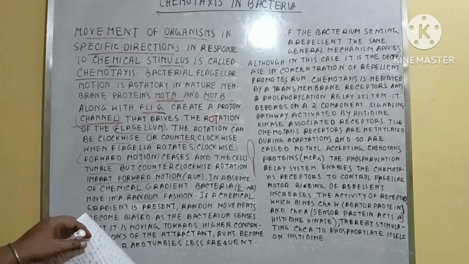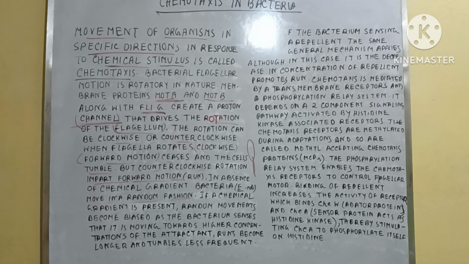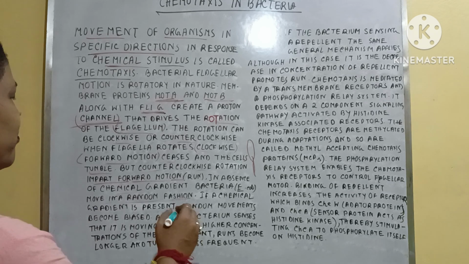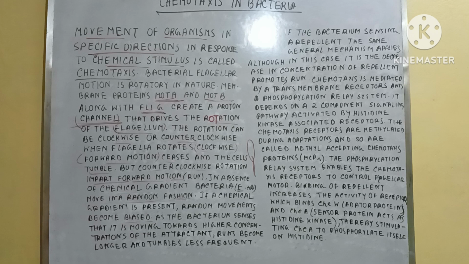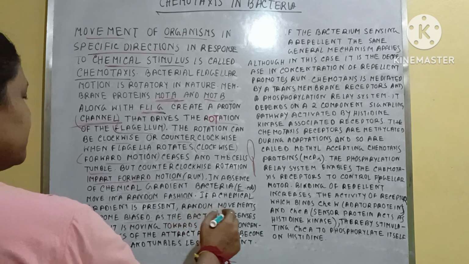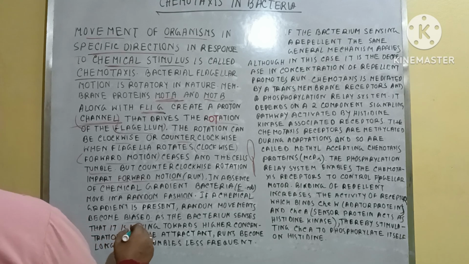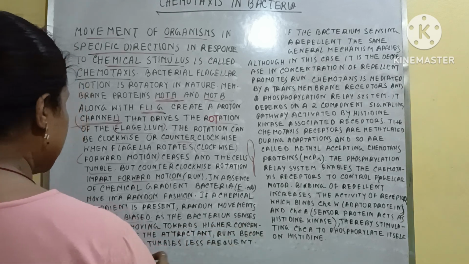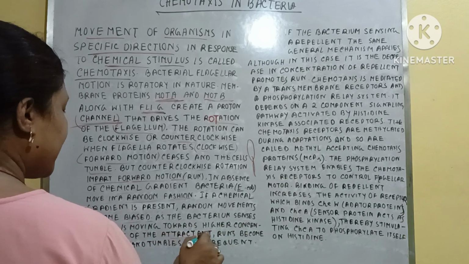But if the chemical gradient is present, then random movements become biased, or you can say the movement is seen in a unidirectional way.